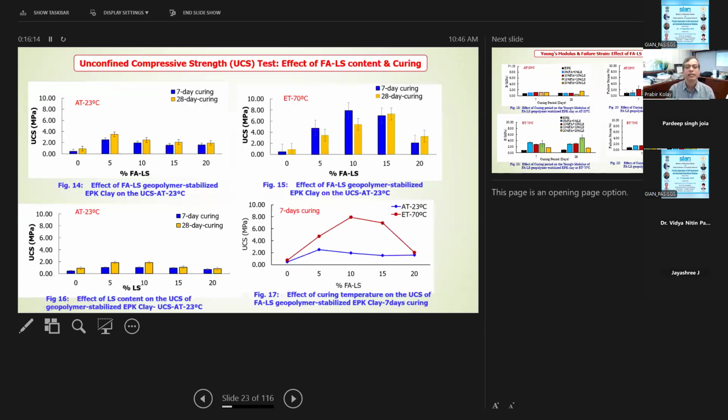Overall, you can see here the effect of fly ash and lime sludge, what is happening at 7 days and 14 days. So most of the time, the 7 day strength is lower and 28 days is higher. Everywhere you can see that. But in some cases, with fly ash and lime sludge combinations at elevated temperature, 7 day curing is more than the 28 day curing.